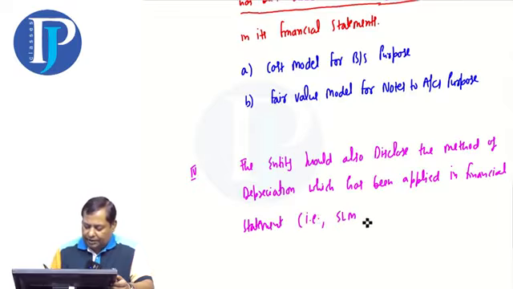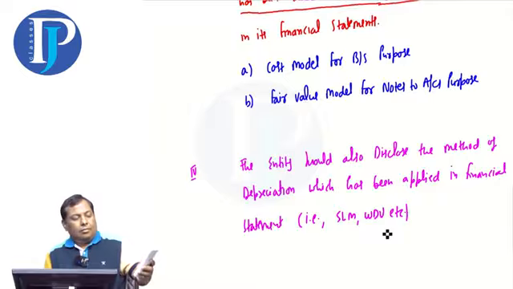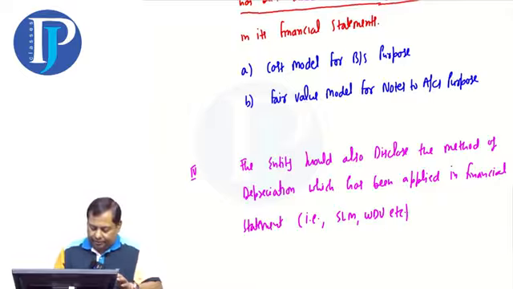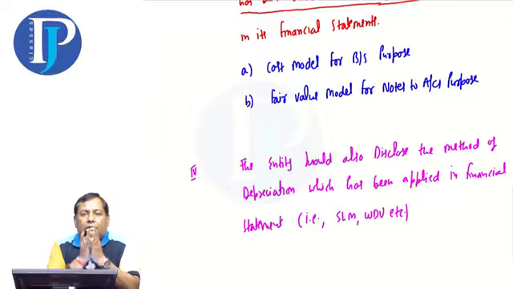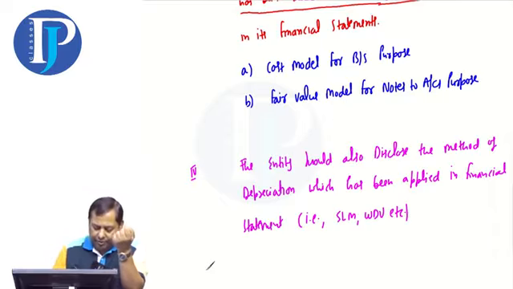You have to tell SLM or WDV, and which method you used. So: reconciliation of property, reconciliation of depreciation, state the accounting policy, and tell about depreciation.